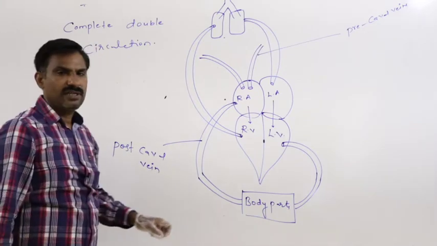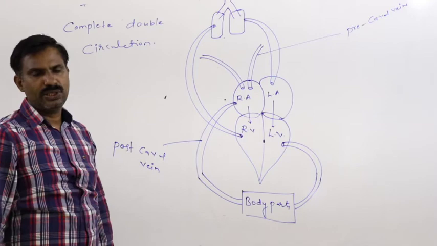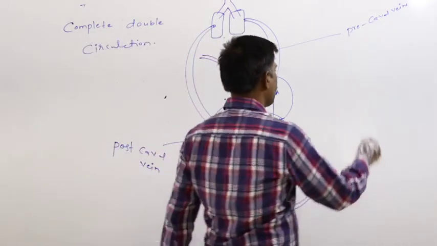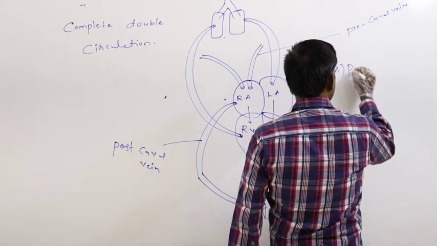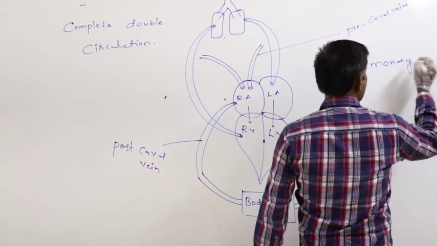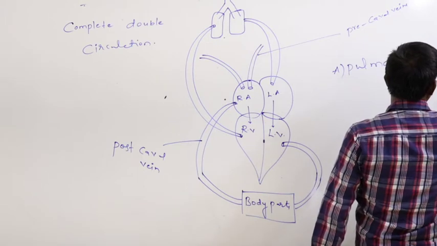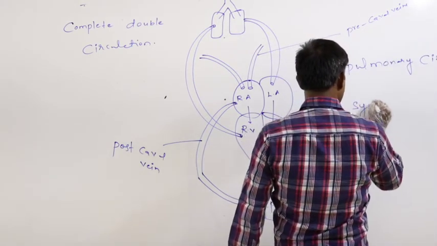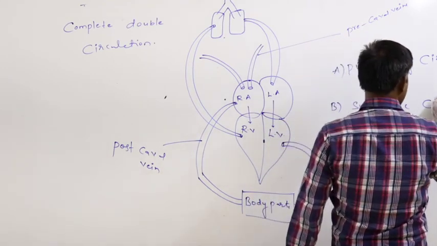Then in the complete double circulation, two circulatory pathways appear. One is the pulmonary circulation, second one is the systemic circulation.